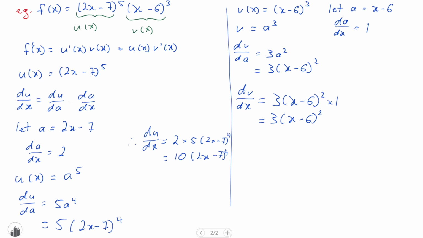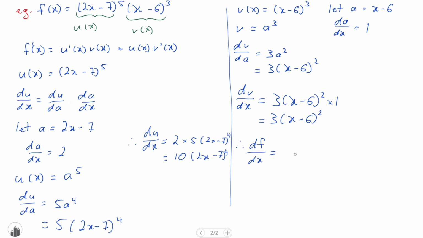And now we can finally answer the question. The question was to differentiate this stuff here. So that's the derivative of u times the original function v plus the original function u times the derivative of v. So now we can say, therefore, df dx is equal to the derivative of u with respect to x.